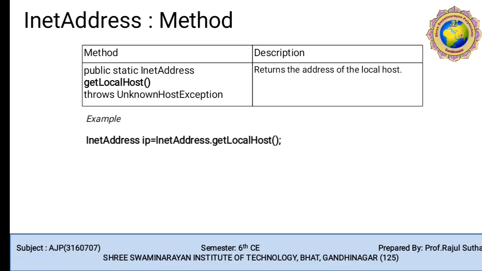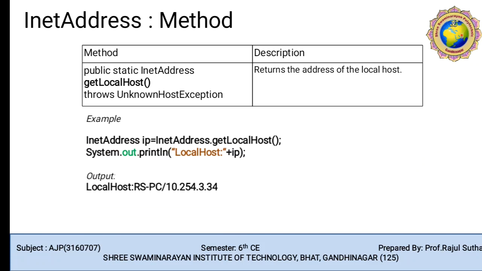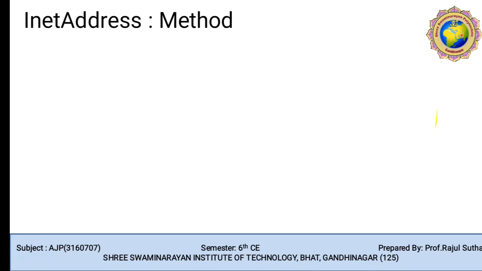So InetAddress IP is equal to InetAddress dot getLocalHost, System.out.println, and the localhost is printed here. So the localhost shows the name of the login ID and the PC's IP address is used.